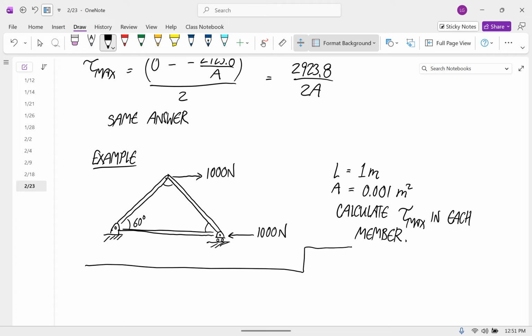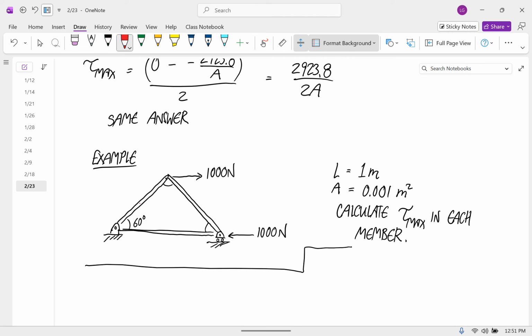Okay, so before we get into the calculations, we have to think about whether this is a truss. Is there any mention of mass or anything? Do we have to worry about the weights of the members? No. And then are all the external loads applied at pins? Yes, so we can treat this as a truss.